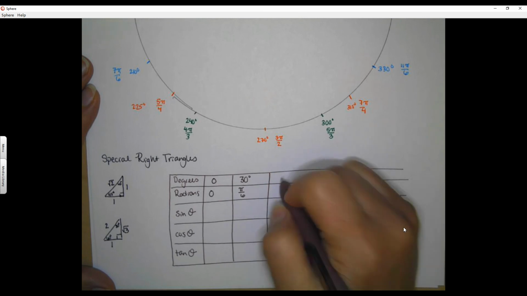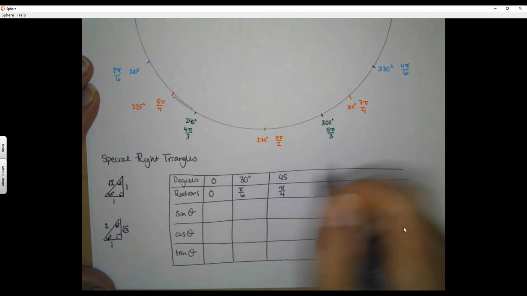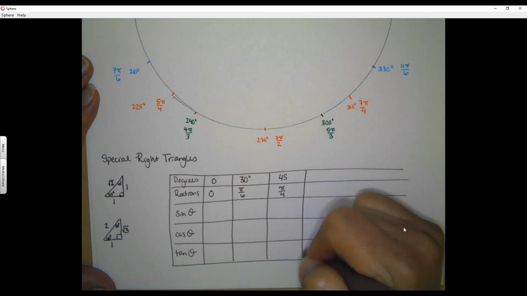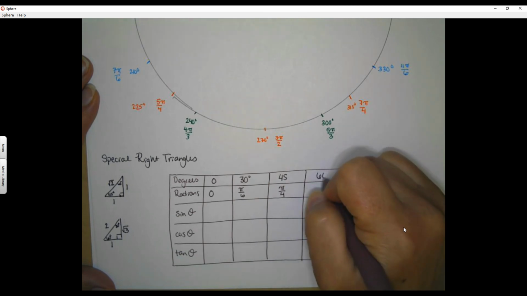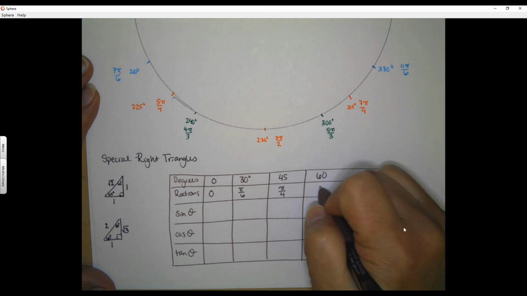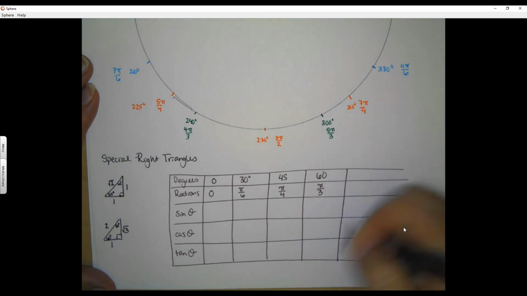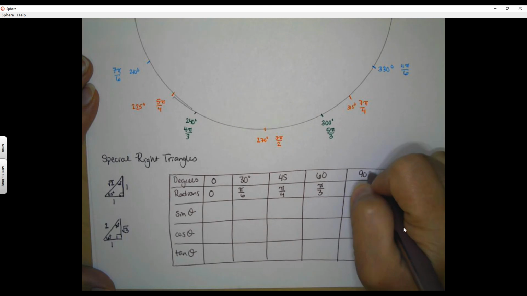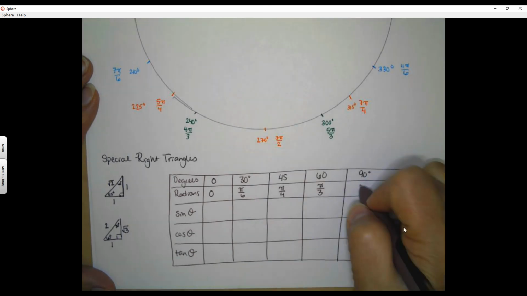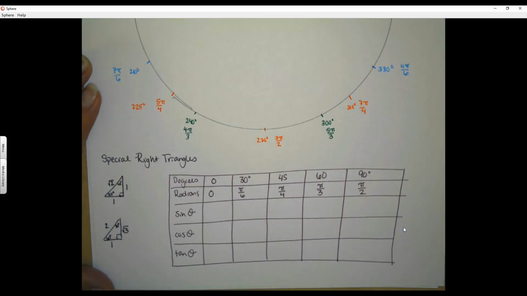I'm going to do 45 degrees, which we saw was pi over 4. 60 degrees, which we saw is pi over 3. And we'll do 90 degrees, which is pi over 2. I guess I made my table a little bit longer than it needed to be.